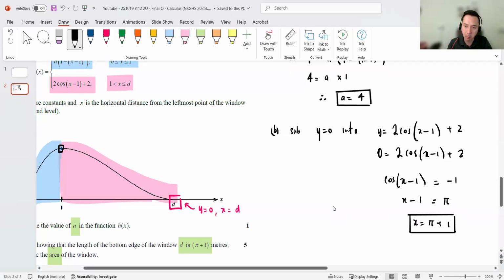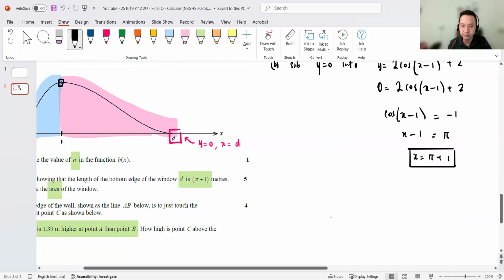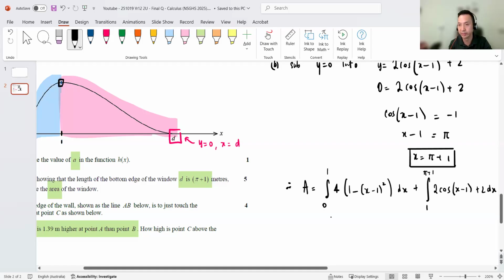A stretch, okay. And therefore, the area is, the blue part is from 0 to 1 of 4 times 1 minus (x minus 1) squared. I'll split it so that I can factorize that. Plus, from 1 to pi plus 1 of 2 cos(x minus 1) plus 2.